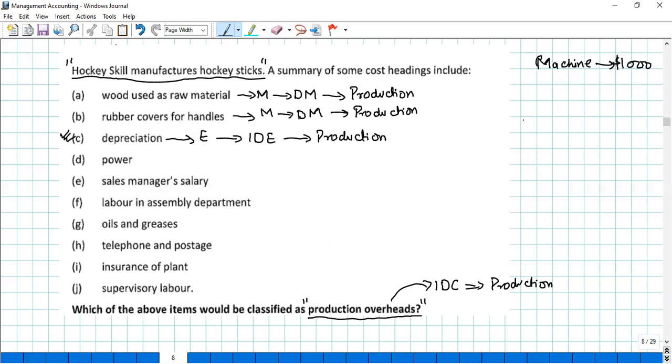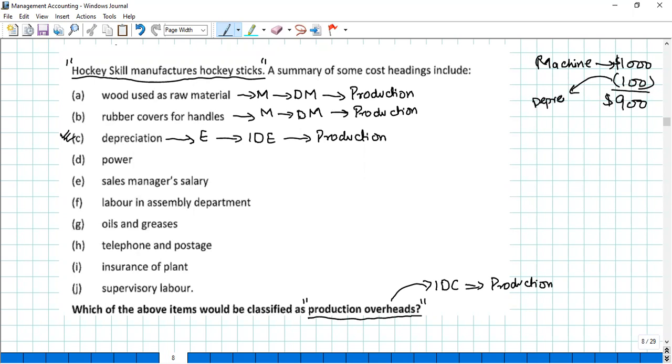When you purchase an asset and it's new, it works perfectly, but after using it, its value falls. Let's say after 1 year, the value of the machine will fall by $100, so it will be worth 900 now. This imaginary fall that you are assuming is known as depreciation.